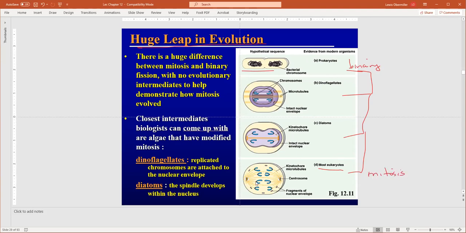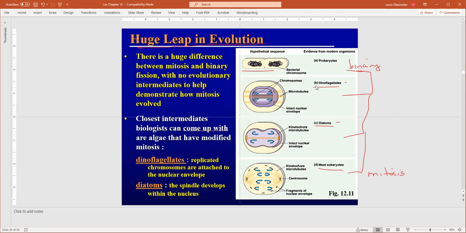The nuclear membrane comes apart, the sister chromatids are pulled apart. Dinoflagellates and diatoms, and you guys need to know this because these are the 2 exceptions of all of the entire living systems that we know of that do mitosis differently.